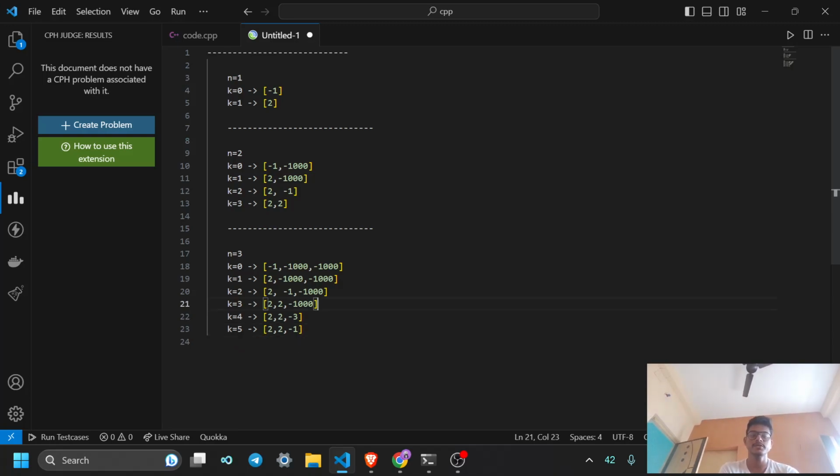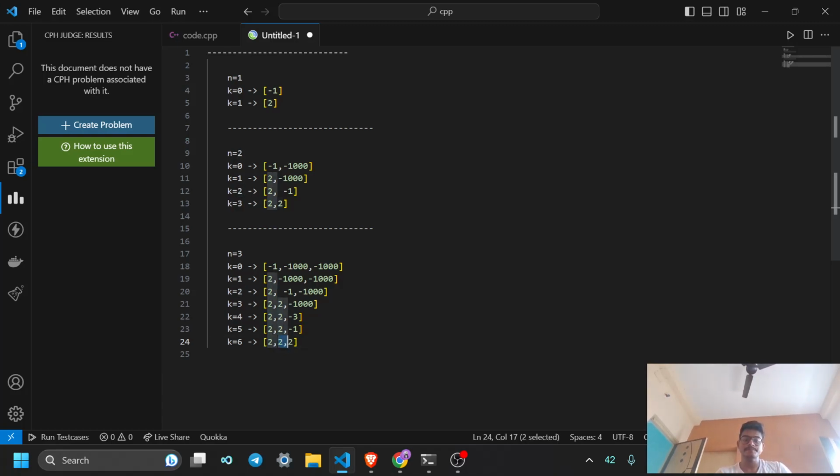solution for k equals 5, and for k equals 6, this is pretty simple: I have to make all of them positive. Let's focus on the last thing I am adding. I am adding a positive number, that means it is itself a positive subarray.